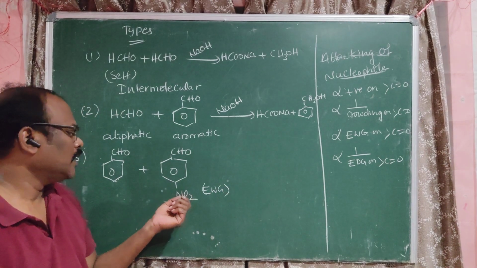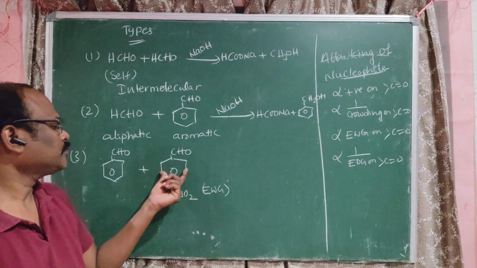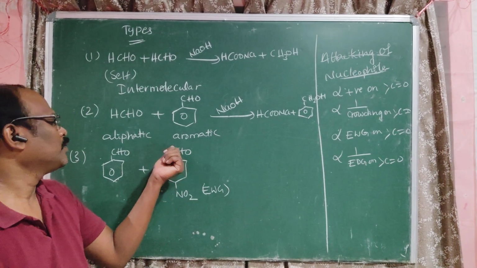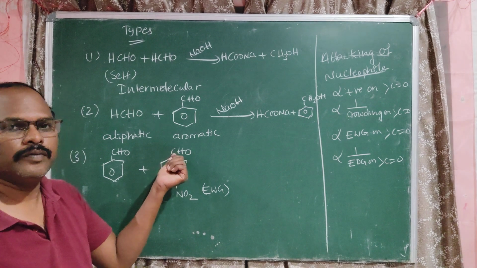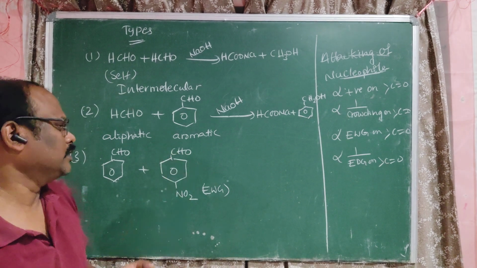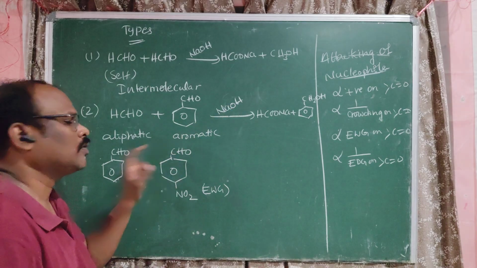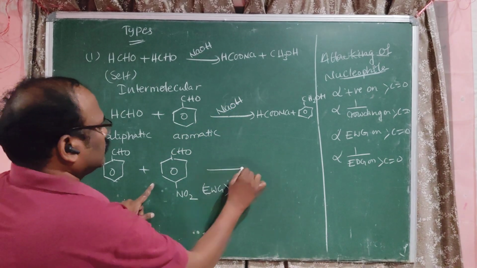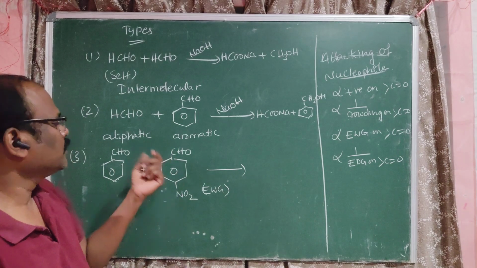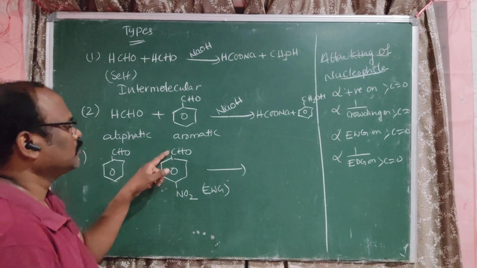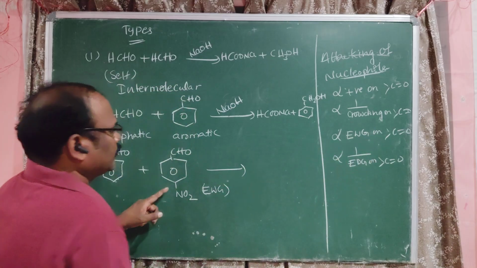Here NO2 draws electrons from the benzene ring, and the carbonyl carbon becomes more electrophilic in nature. So the nucleophile attacks here only. This activates the electrophilic nature and increases the positive charge. So here this factor is related.